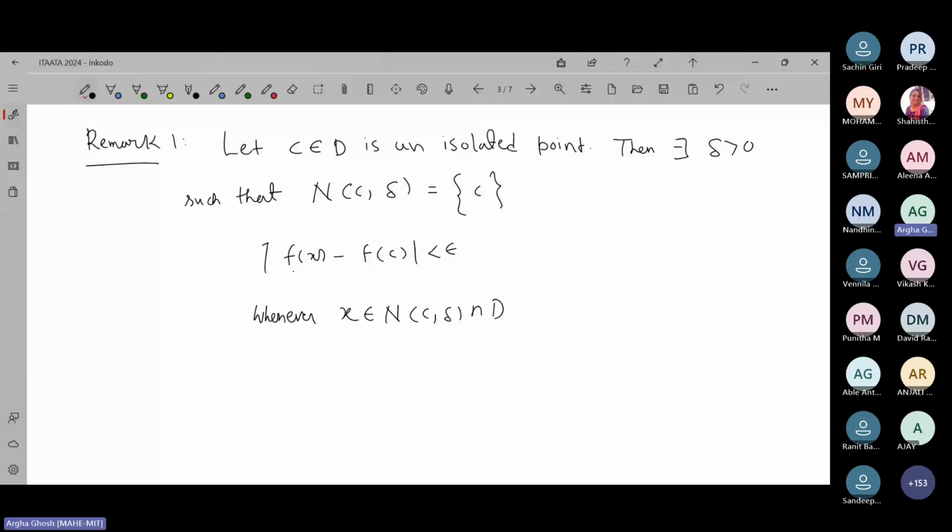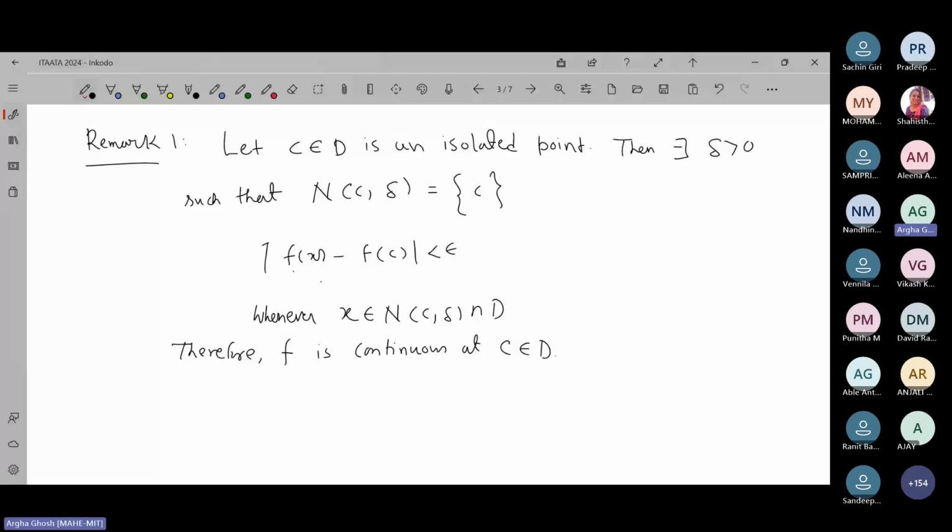So that means if c is an isolated point, the function is definitely continuous at that point. Therefore you can say that f is continuous at c belonging to D if it is an isolated point.